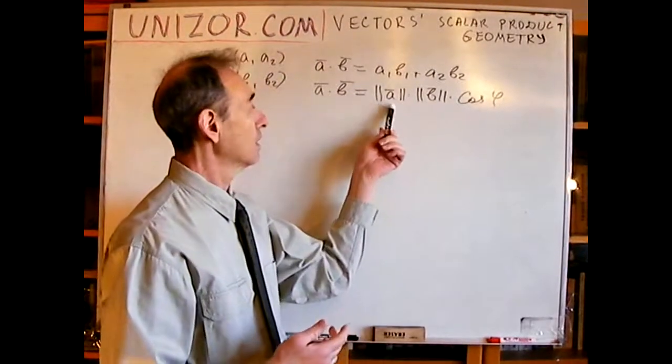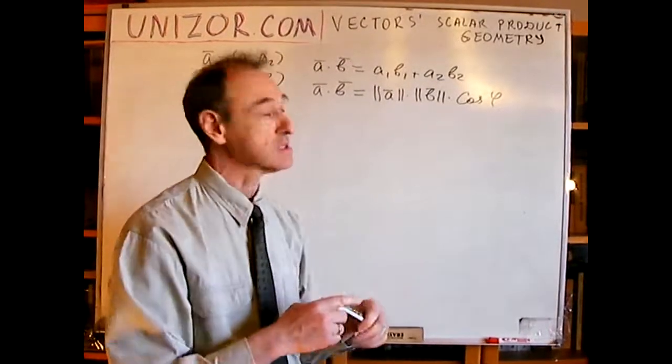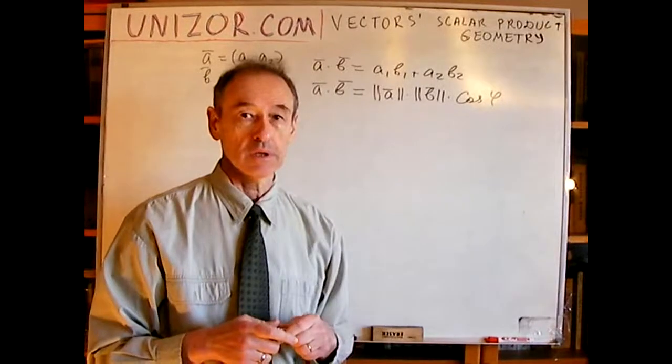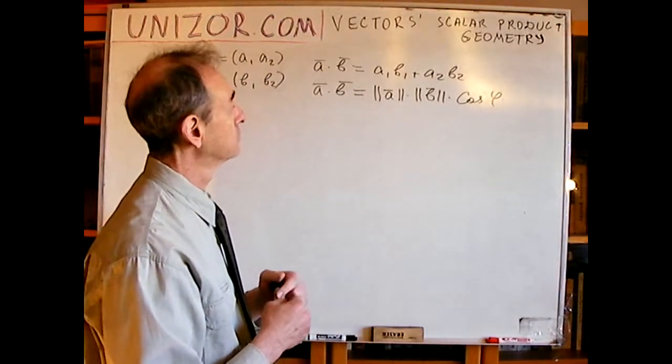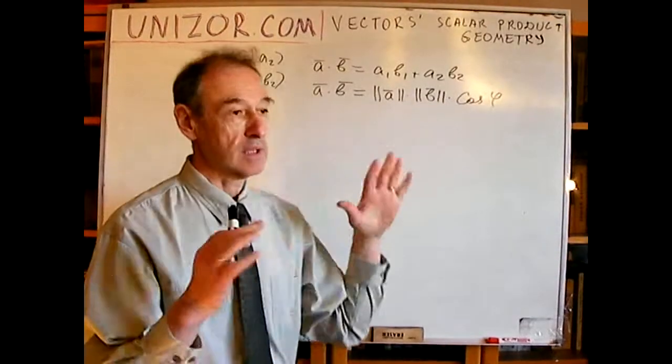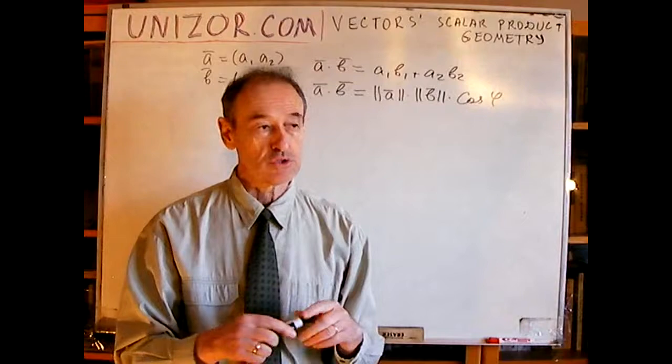So the length remains the same, so we don't really scale the coordinate system, and the angle between the vectors remains the same. That's my final result, and I'm going to prove it in two cases, the two-dimensional case and the three-dimensional case.